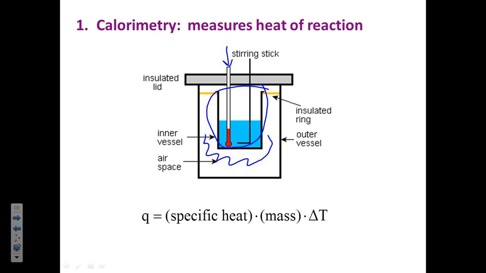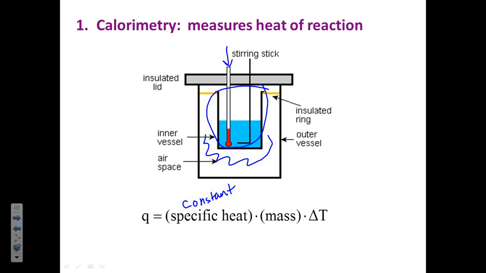The way that you calculate the heat that's given off or could be absorbed through calorimetry is using this equation. So Q is the heat. Q is equal to the specific heat, which is a constant. Okay, so you just look up the specific heat for whatever sort of solvent you're doing the reaction in.